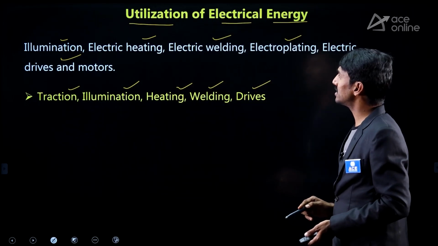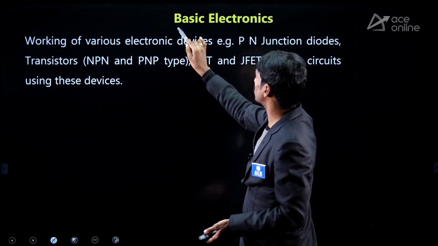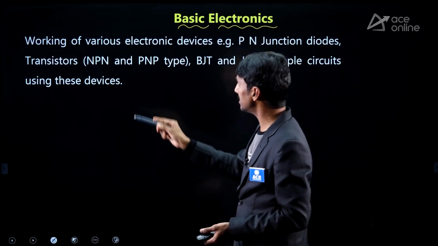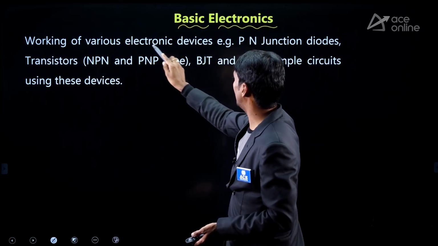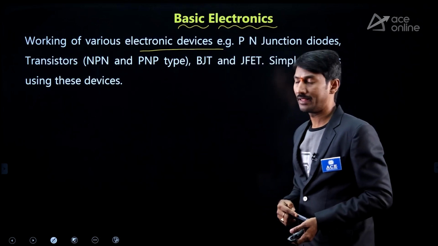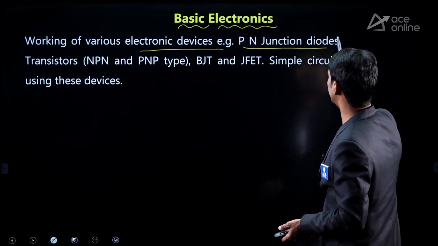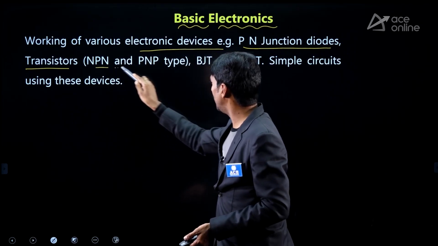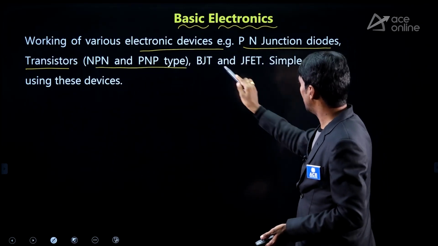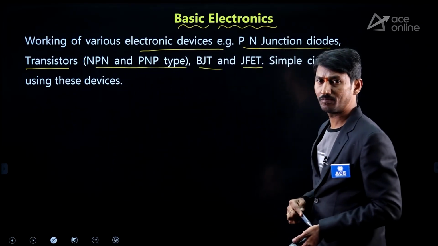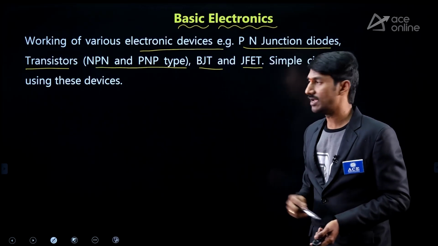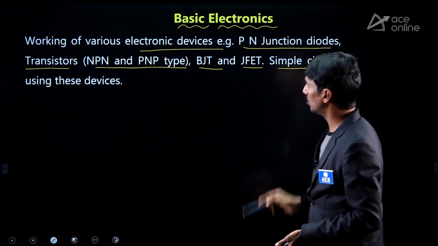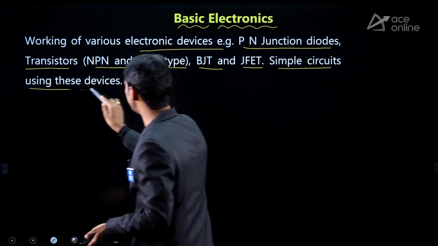And the next subject is basic electronics. The syllabus covers the working of various electronic devices, for example PN junction diodes, transistors, NPN and PNP types, BJT and JFET, that is bipolar junction transistor and junction field effect transistor, and simple circuits using these devices.